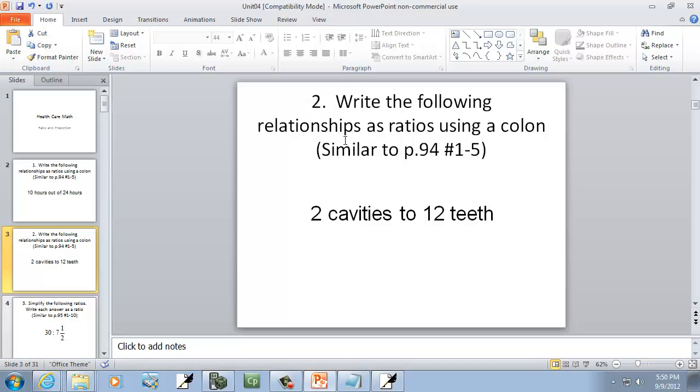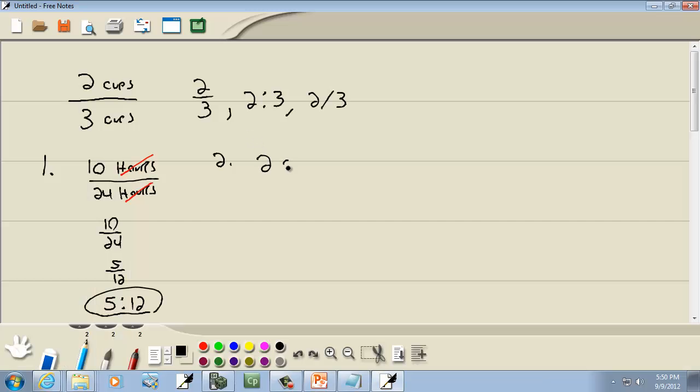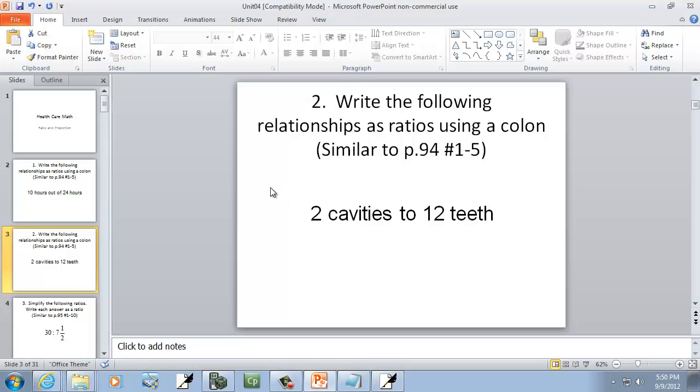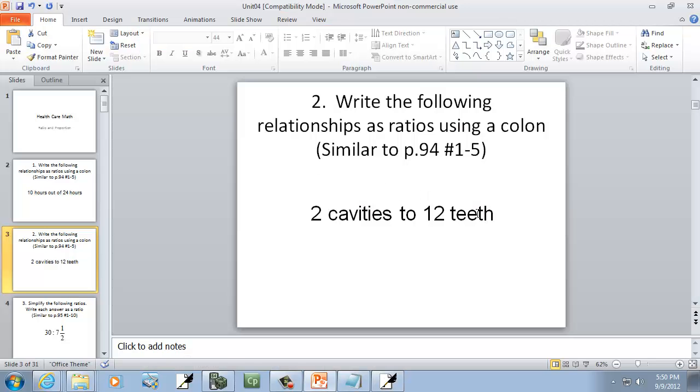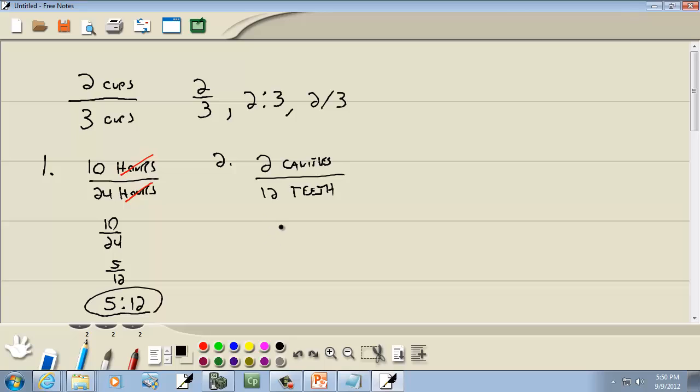Now this says write the following relationship as ratios using a colon. We've got 2 cavities, 12 teeth. The 2 part goes down below, so 2 cavities to 12 teeth. Well, this reduces to 1/6, and if I wanted to leave those there, I could.